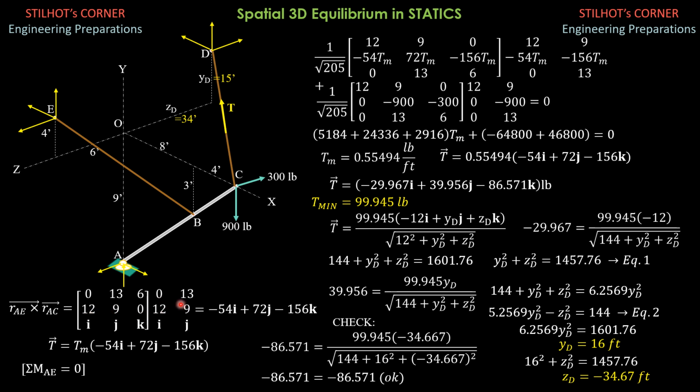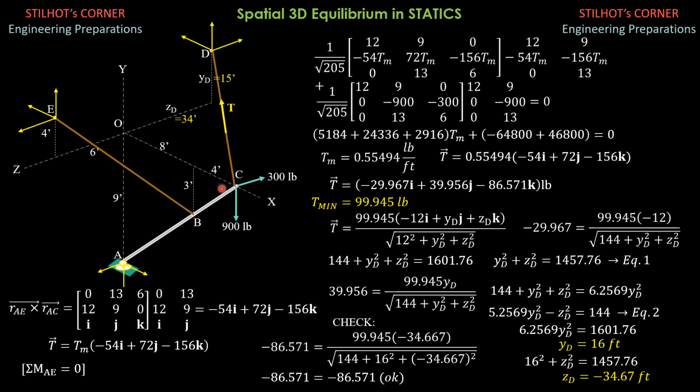Copy the first two elements. Then we have here I, J, K, the unit vectors. Copy I, J also. So computing 13 times 0 is 0I. Then minus 9 times 6, so we have negative 54I. So it's correct because that direction should be in the negative x direction. Then for j, 6 times 12j, 72j minus 0.